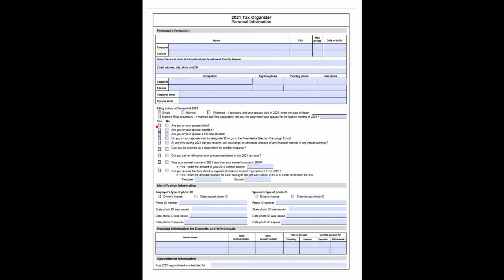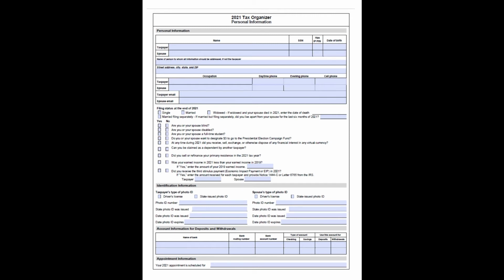And then there will be a series of questions to answer that will indicate varying things for us while we're preparing your tax return. And the questions can be pretty straightforward. One that I do know that people look at and kind of skim over is the presidential election campaign fund and what that is.